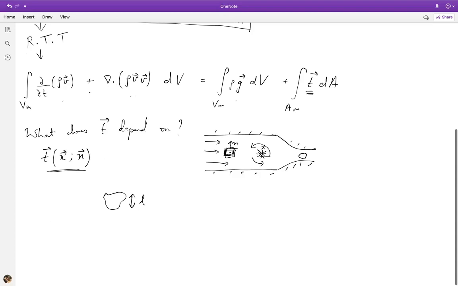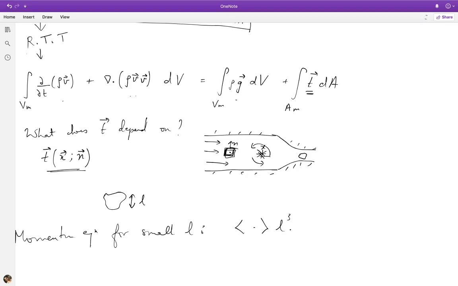This basically means that my momentum equation, for small L, that is as I start to shrink the volume of consideration, will look something like some mean value times L cube for all the body force terms, should be equal to some mean value times L square for the surface forces, and these would be the volume forces and the acceleration or the rate of change of momentum.